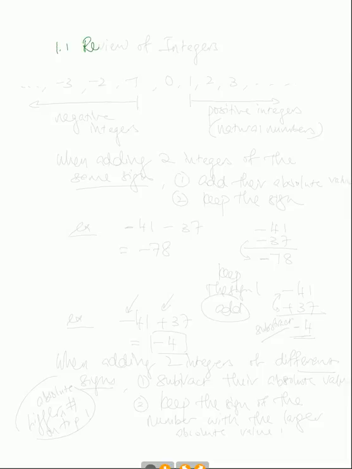This is the section on the review of integers. So let's make sure you remember integers are referring to numbers that are positive as well as negative, and including the 0.